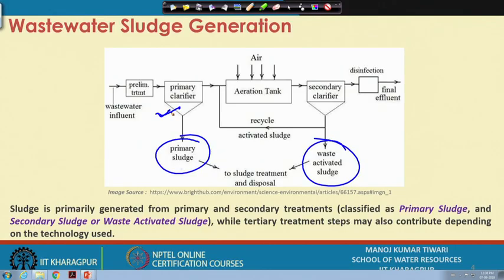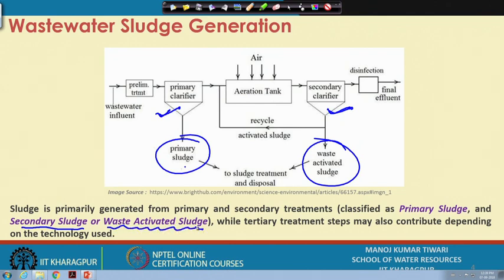So, sludge is primarily generated from the primary clarifier or primary sedimentation tank, which is called primary sludge, and then it is generated from the secondary clarifier in conventional wastewater treatment facilities. So, if you have, let us say, an activated sludge process, this sludge will be generated from the secondary clarifier, and this is called secondary sludge, or also waste activated sludge.